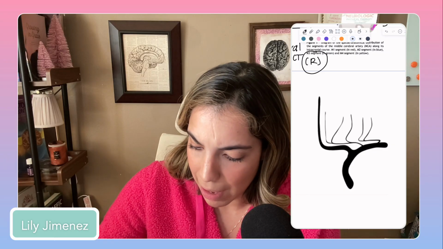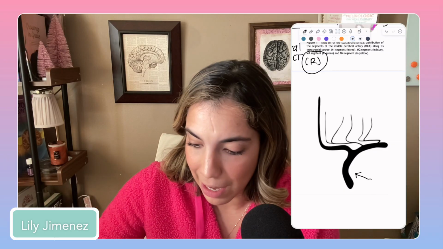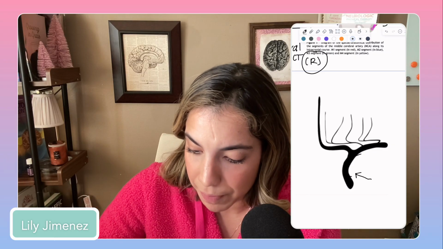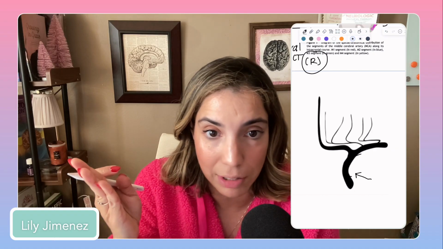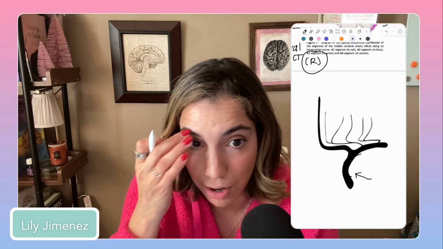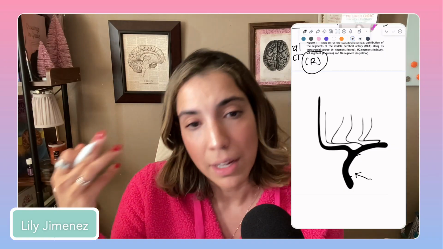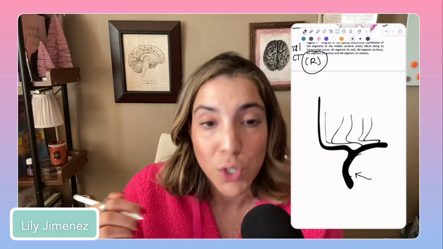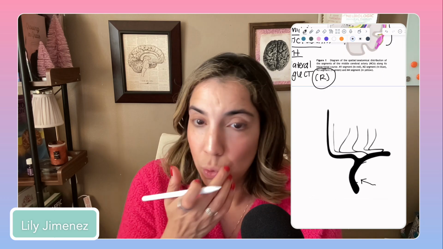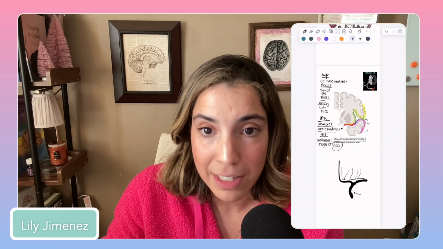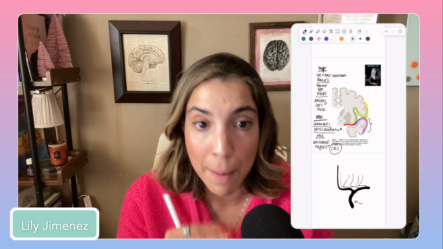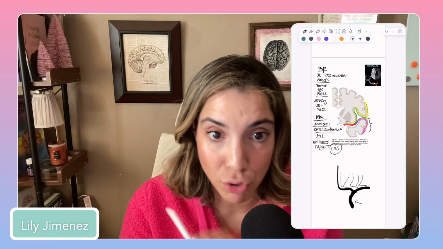M1 is the proximal segment, and as it comes laterally, it's going to give out the lenticulostriate arteries, which supply the putamen, caudate nucleus, and internal capsule. So when I went back to the EMR system, in fact, she had had an M1 massive stroke, okay?